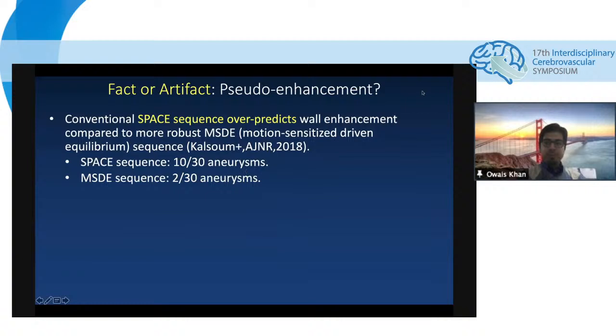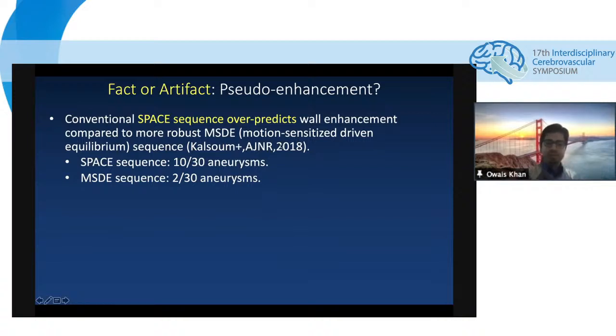So at the end, I've put this slide to criticize my own work. I'm just going to put this out because there have been studies that have said that some of these MRI sequences can overpredict wall enhancement, right? We know that the conventional SPACE sequence can overpredict wall enhancement compared to the more robust motion sensitized driven equilibrium sequence.